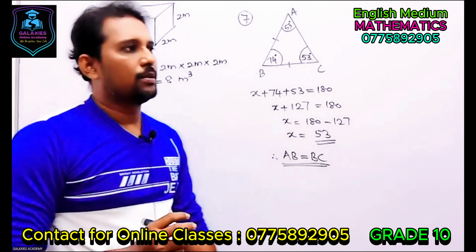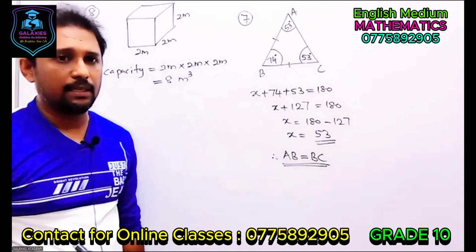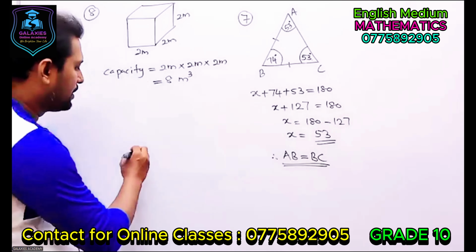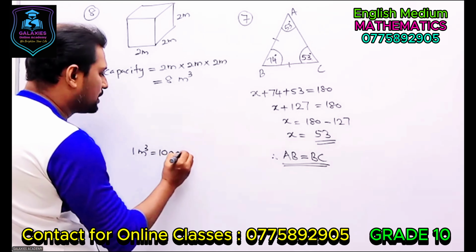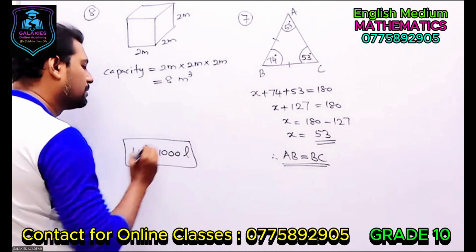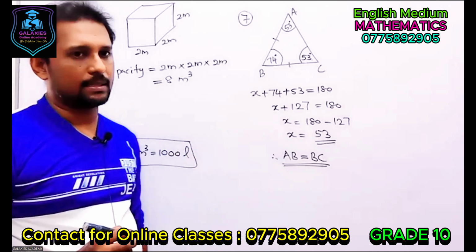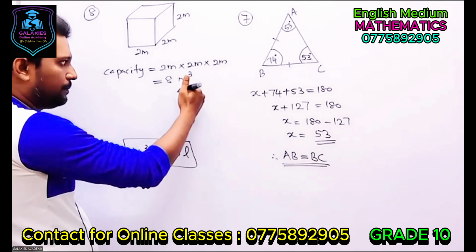Then I think you also remember, no? In grade 9 you studied the relationship between cubic meters and liters. 1 cubic meter equal 1000 liters. Right? So I can convert this 8 cubic meters into liters.